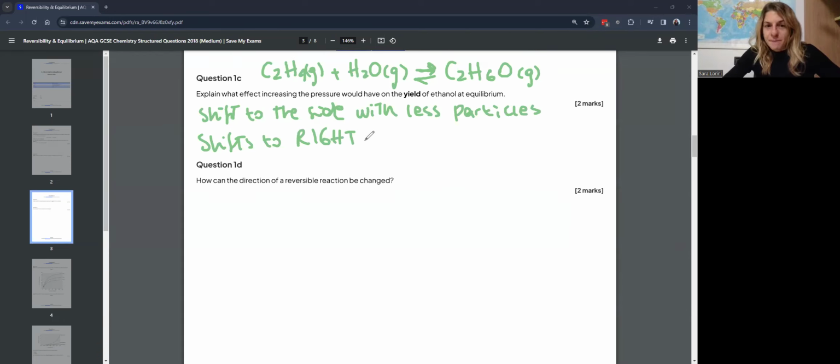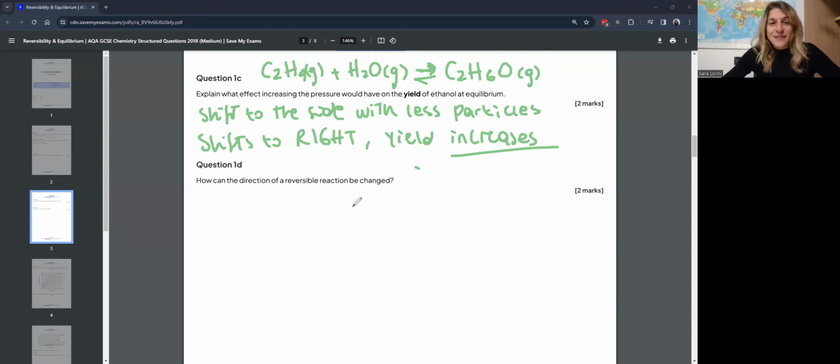Therefore, the yield increases. The yield increases. And now the last one, pause it and play when you're ready.